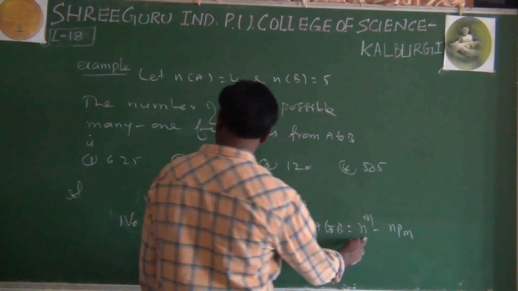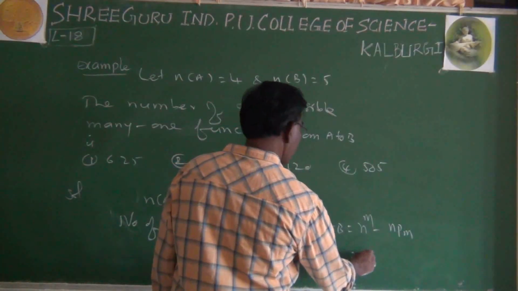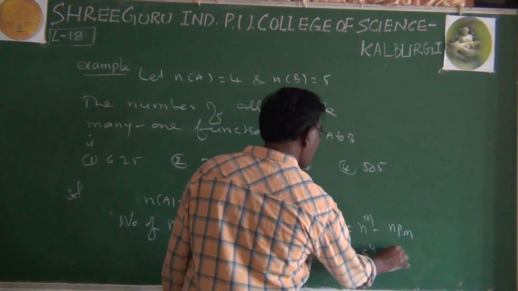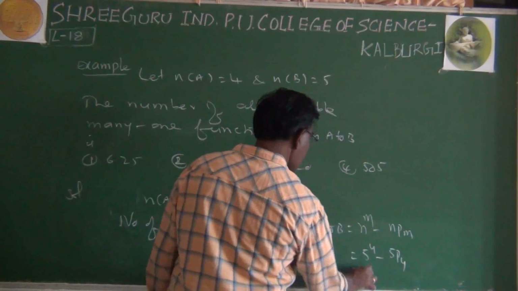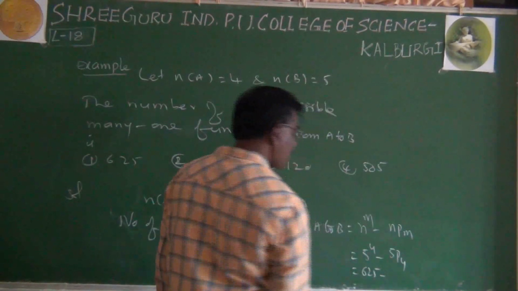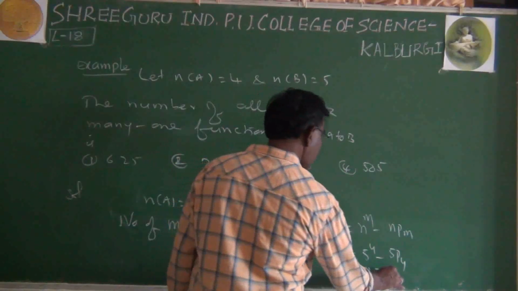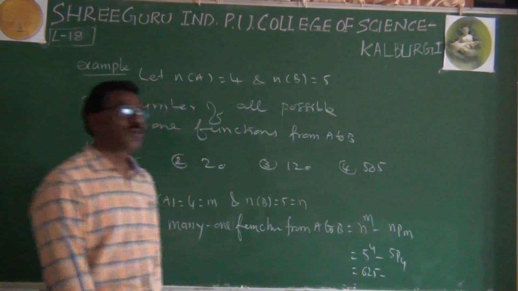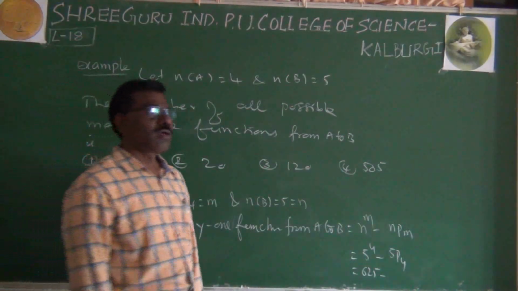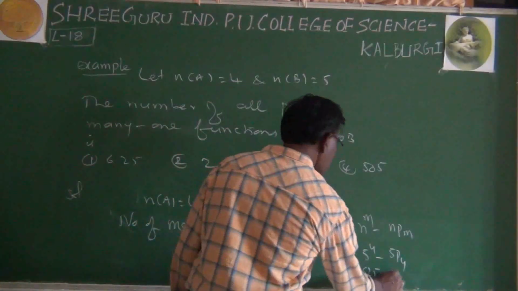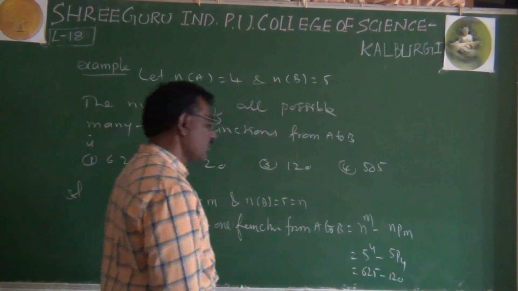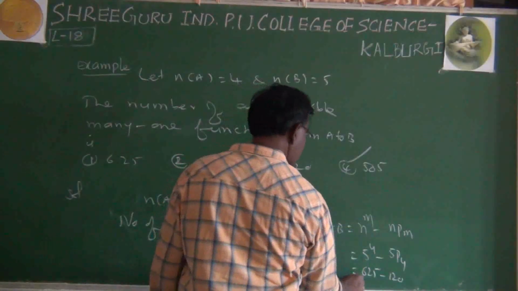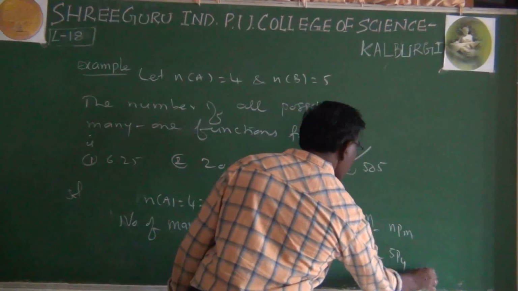So 5 raised to 4 minus 5P4. 625 minus 5P4, which is 5 factorial by 1, that is 120. So 625 minus 120 is 505. Yes, so this is equal to 505.